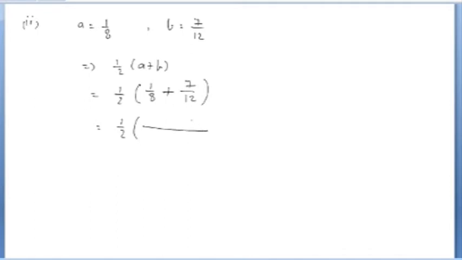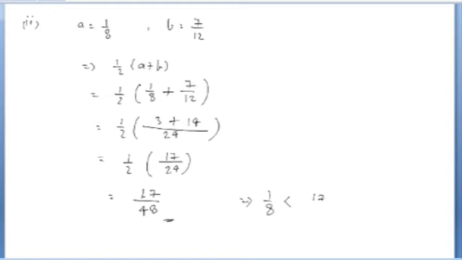LCM of 8 and 12 will be 24. Solve this. So this will be our rational number between 1 by 8 and 7 by 12: 17 by 48. This is a rational number between these two numbers.